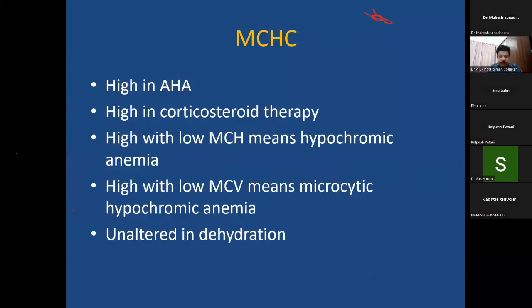And MCHC, actually, doesn't show too much significance. But if the MCHC is high in a hemolytic animal with anemia, immediately you should think about IMHA. This is very important. So in IMHA, in field conditions, how can we diagnose?